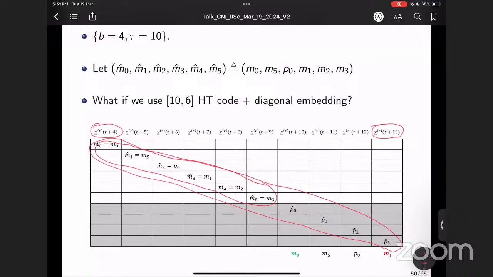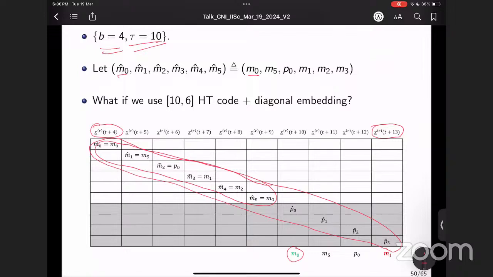So it can recover M0 cap by time T+10, because T+10 is T+4 plus 6. It can recover M0 because M0 cap and M0 are just the same. So I can recover M0 by time T+10, which is good because M0 was originally sent at time T, and I'm recovering it at time T+10, and tau is the actual delay which we need to tolerate.